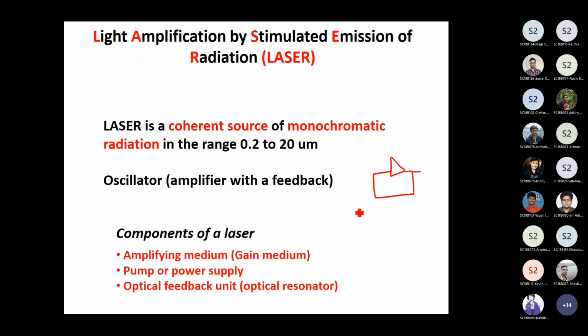The main components of a laser are a gain medium, a feedback, which in a laser is called an optical feedback or optical resonator, and the word resonator is used because the resonator can support only discrete frequencies. And then obviously you need a pump, or a power supply. Those are the basic components of a laser.